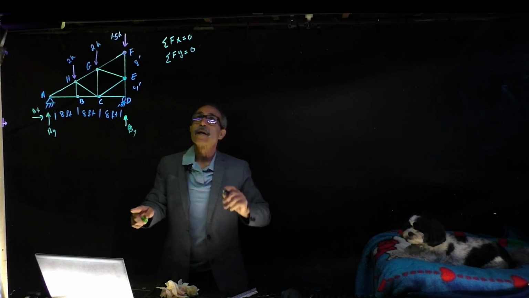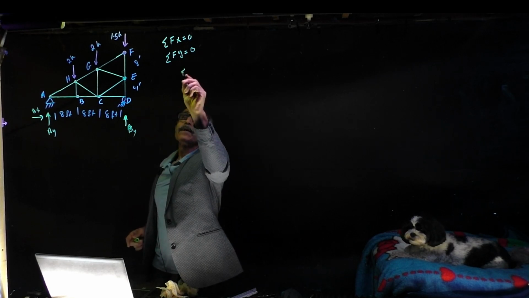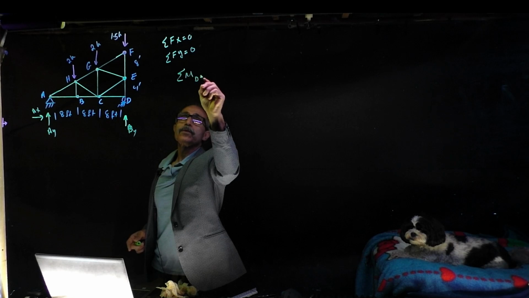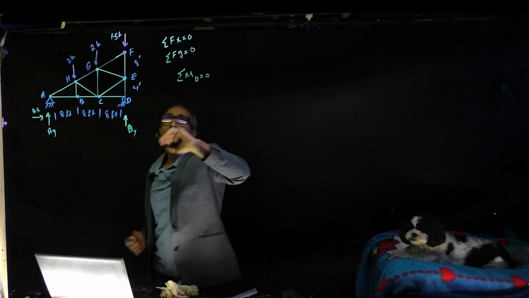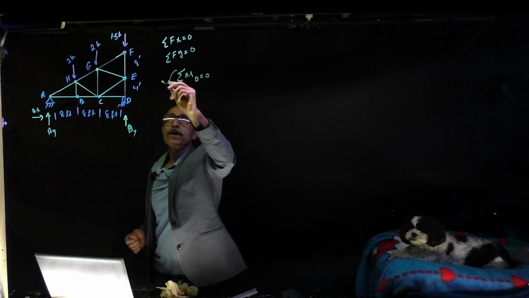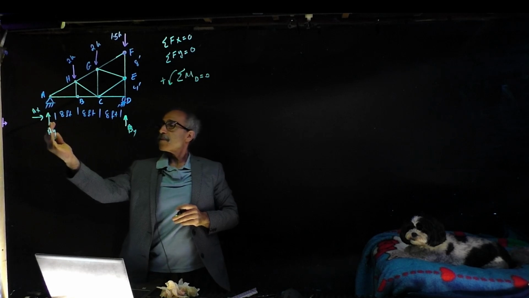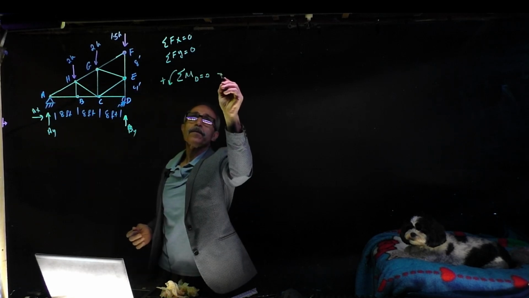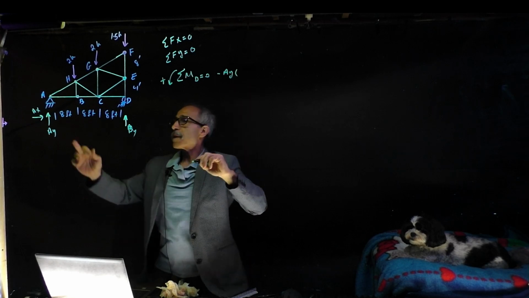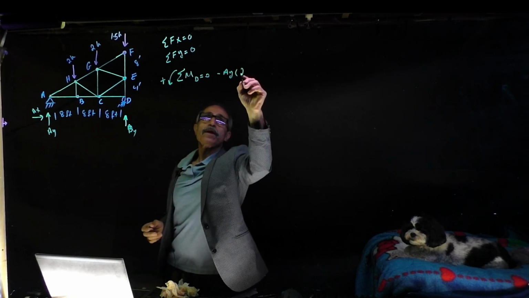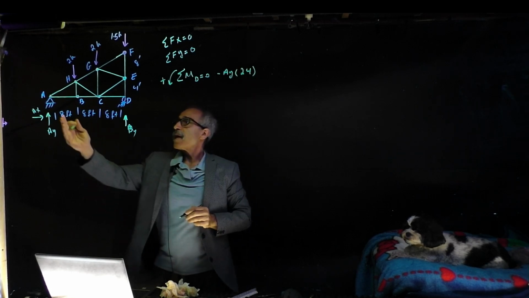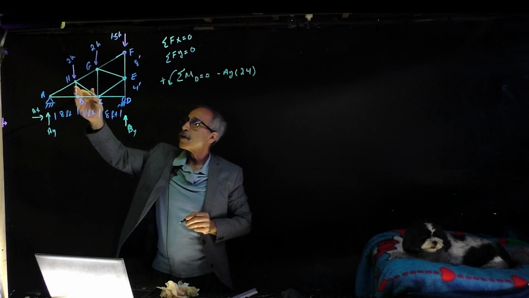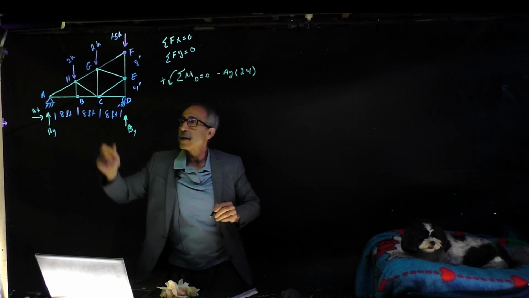I'm going to go ahead and take a moment about point D. Summation of moment about point D is equal to 0. This is for the entire truss. Going counterclockwise is positive. So I'm going to start from this end, and that's going to be clockwise. It's going to be minus AY times 8, 8, 8. That's 24, 3 of them. And then I have nothing else until I get to the 2 kips, and the 2 is going to rotate counterclockwise.